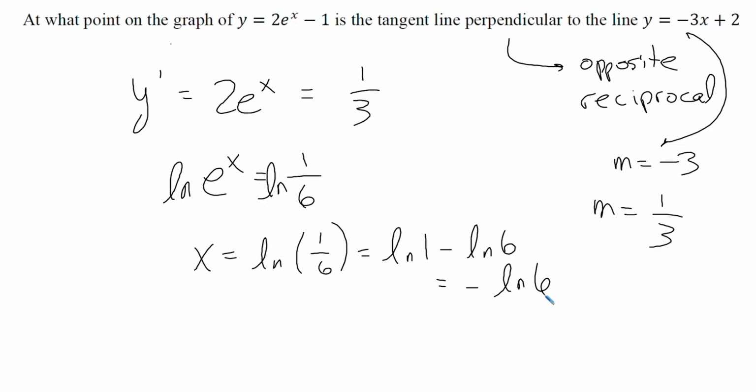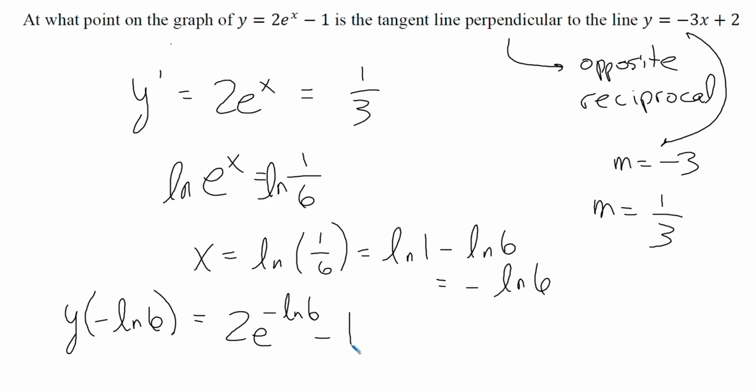And so if we want the actual y value, this is at what point, right? We need to find the y value here. So we need to find y of negative ln 6, which should be 2e to the negative ln 6, and then minus 1.